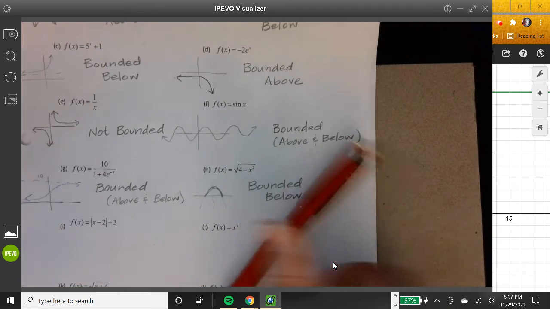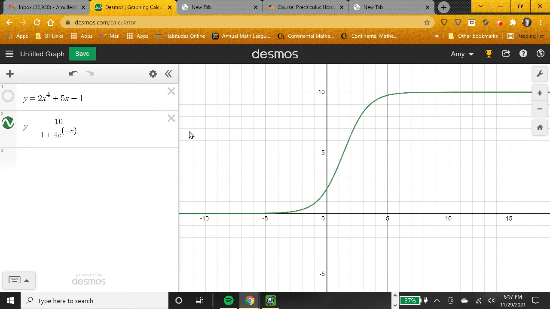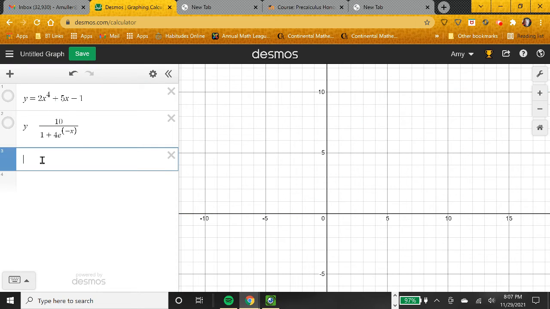But let's prove it. Y equals the square root of 4 minus x to the second. Do you see? It's bounded below. I knew you believed me.